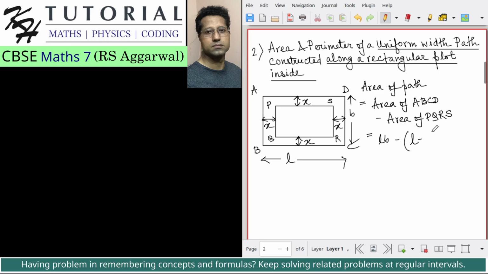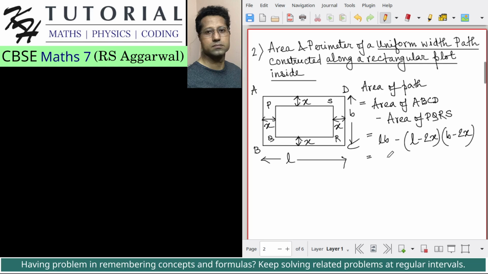So this time the length of the rectangle PQRS will be L minus 2x. Similarly, the breadth of the rectangle PQRS will be B minus 2x. This is because the path has uniform width of x units.